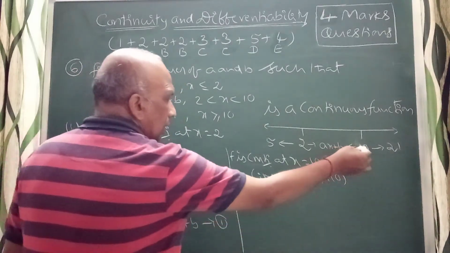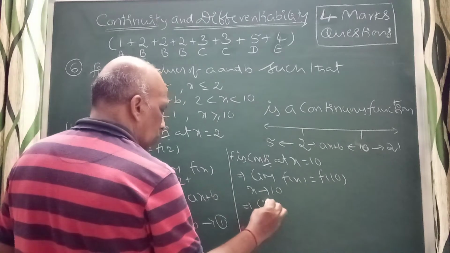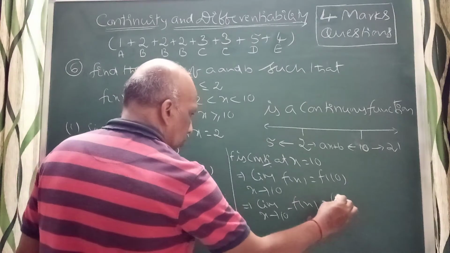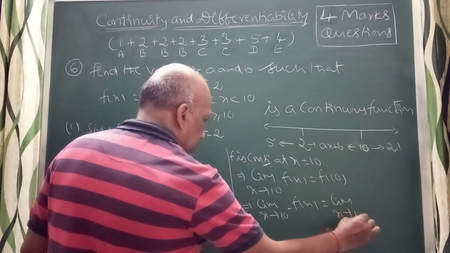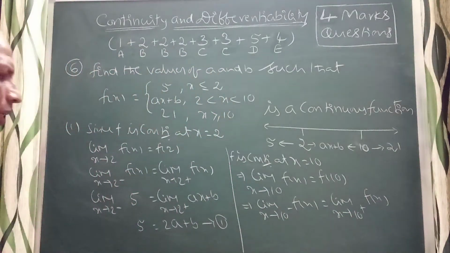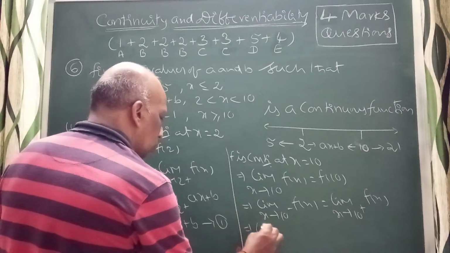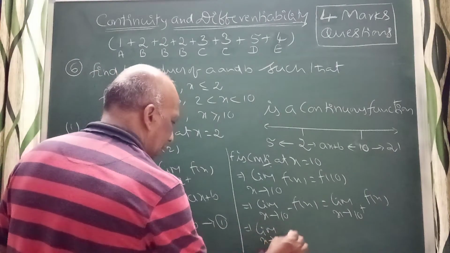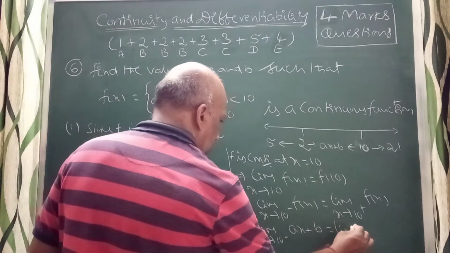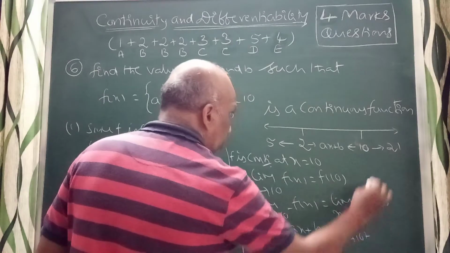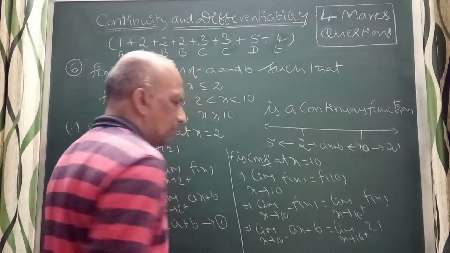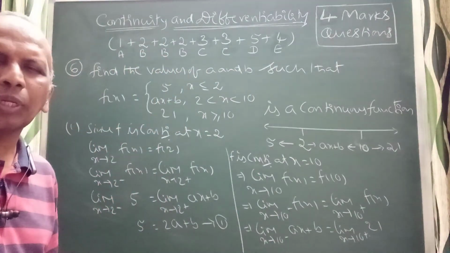Since they separated the function at 10, the left limit is equal to the right limit. Now, limit x tends to 10 minus, left of 10, ax plus b, equal to limit x tends to 10 plus, right of 10, 21. This is only notation.